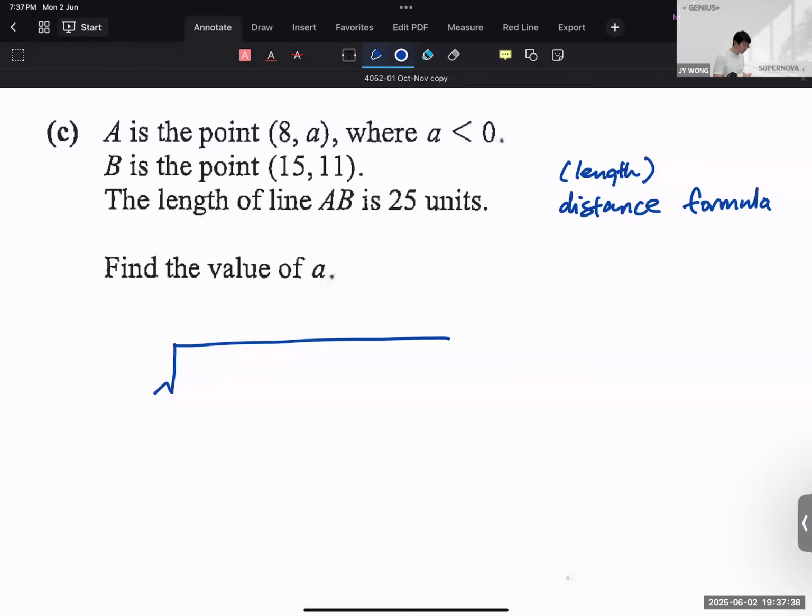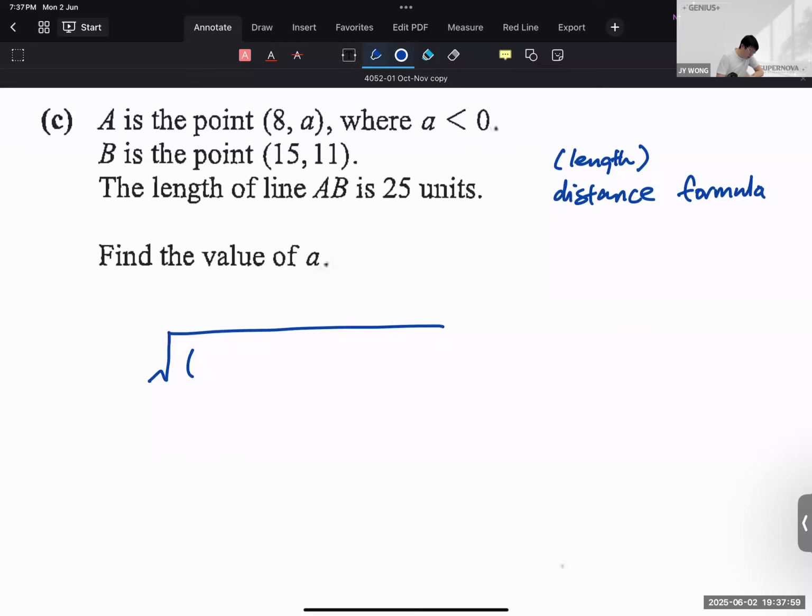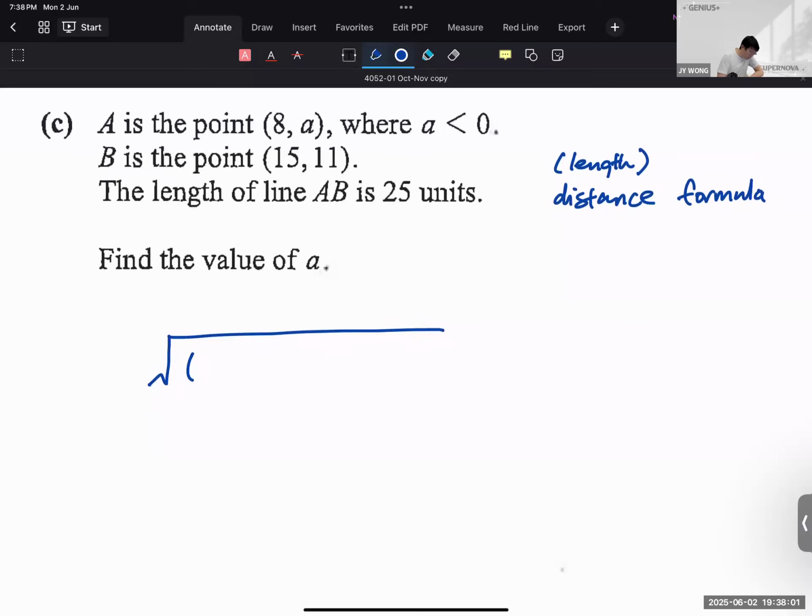It's similar in nature. (x1 minus x2)² plus (y1 minus y2)², or (y1 minus y2)² plus (x1 minus x2)². They are all interchangeable. Whether you are talking about your gradient formula or your distance formula, they are all interchangeable. It doesn't really matter whether you do x or y first.